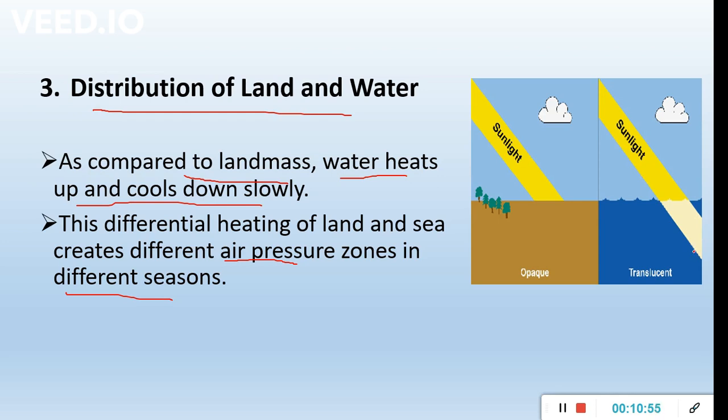It is a slow process, whereas land, the upper surface of the land, gets heated up and cools down fastly.